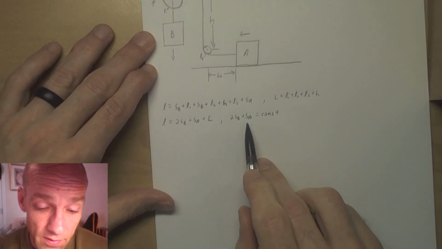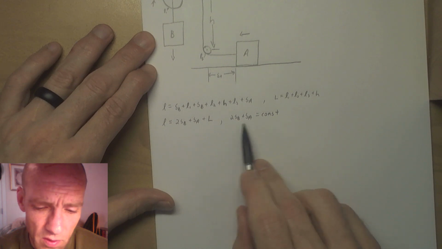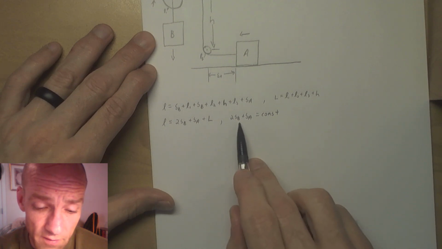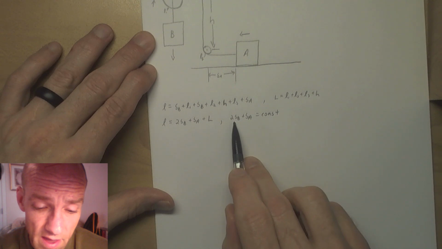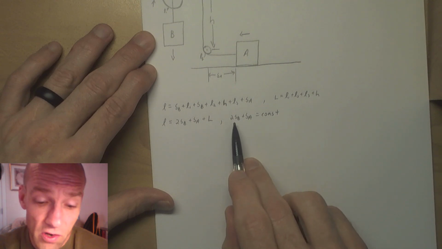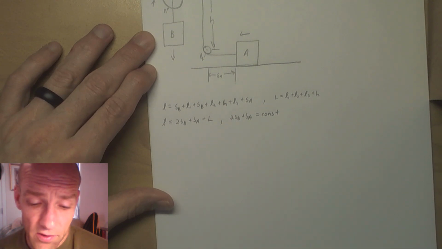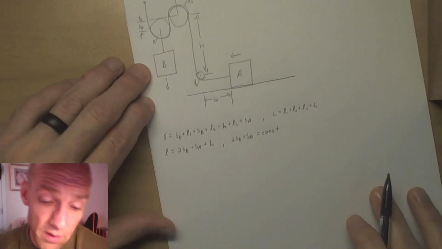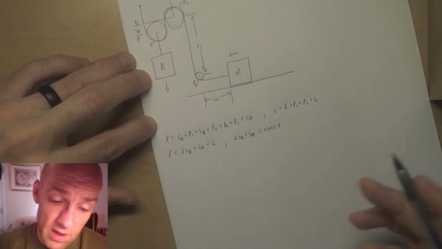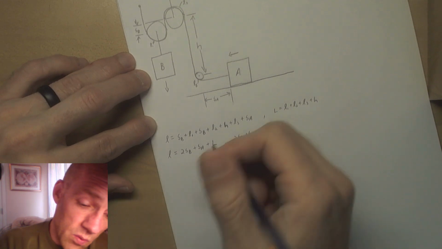You can see initially that if I change SA, SB is going to change by half as much and in the opposite direction. You can tell that just by looking at it. But for completeness' sake, we're going to take the time derivative.